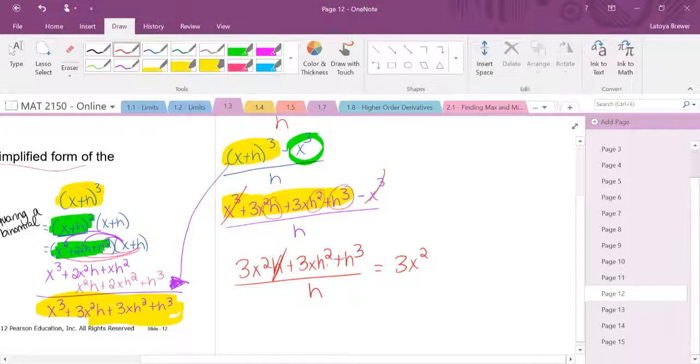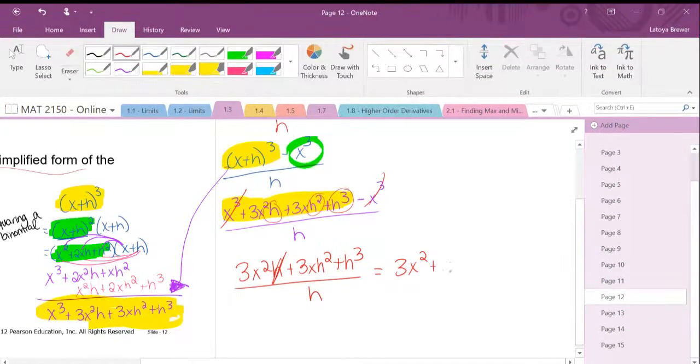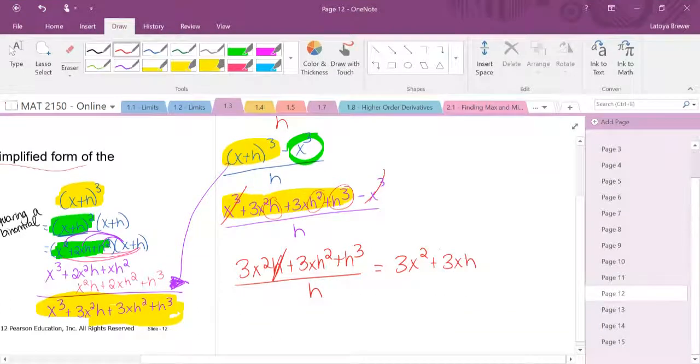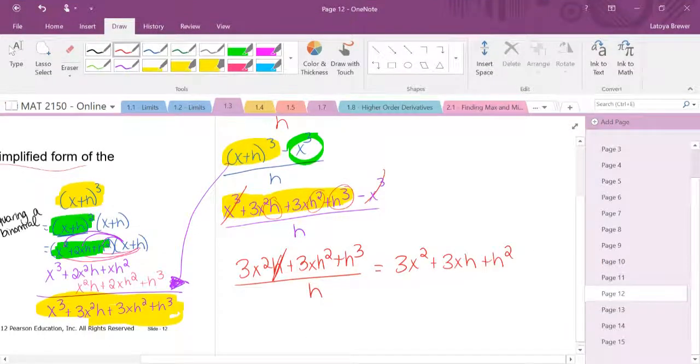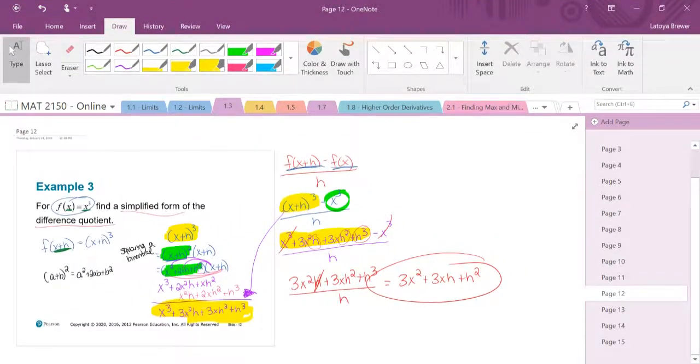I have h squared divided by h, which just leaves me with a plus 3xh. And then h cubed divided by h leaves me with h squared. And that is it. That is your final answer. That right there is the simplified form of the difference quotient for f of x equals x cubed.